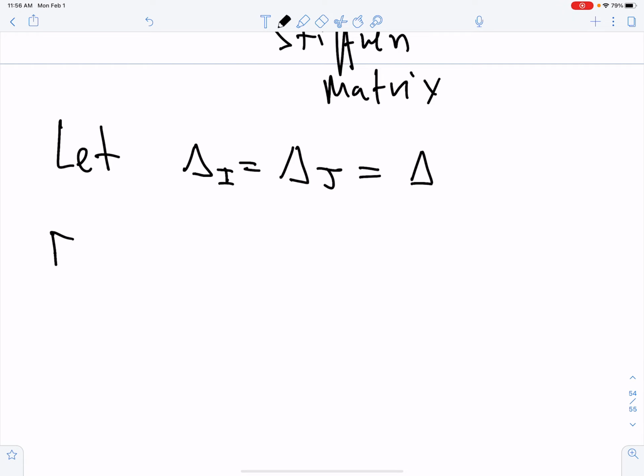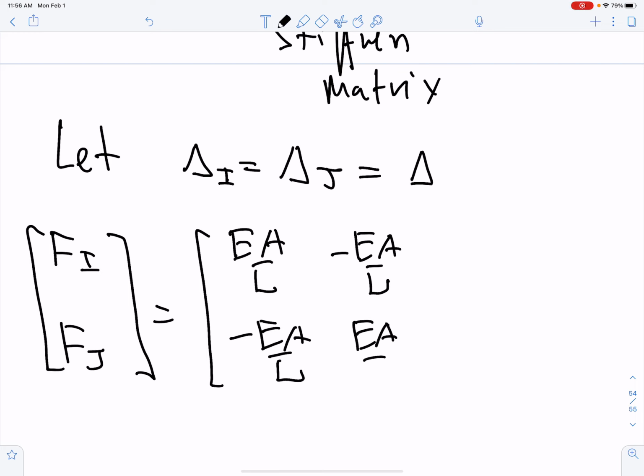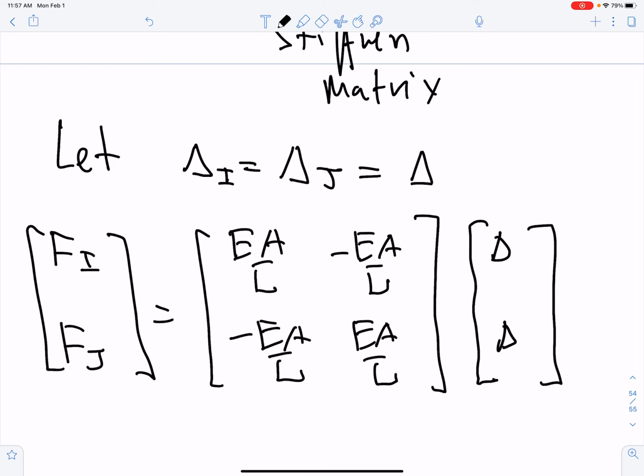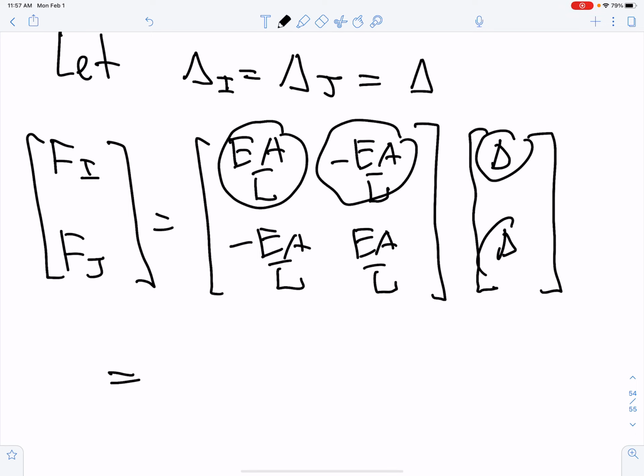If I compute Fi and Fj for this situation, EA over L, minus EA over L, minus EA over L, EA over L, I plug in my displacement state, delta, delta. What I see is this EA over L will multiply this delta, minus EA over L multiplies this delta, we add them together, and you get a 0.